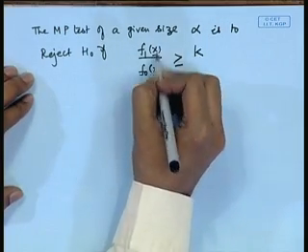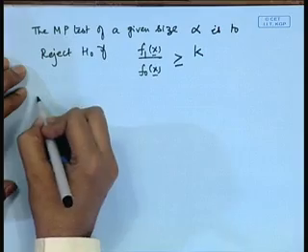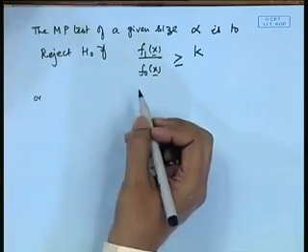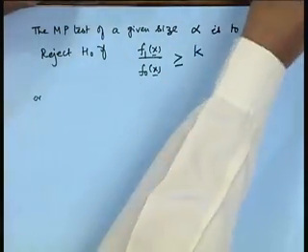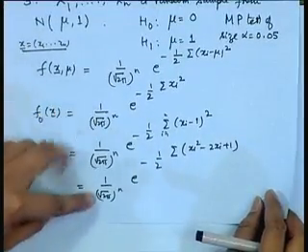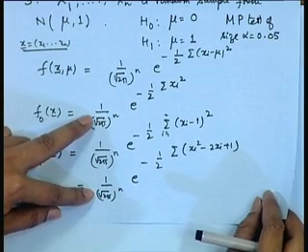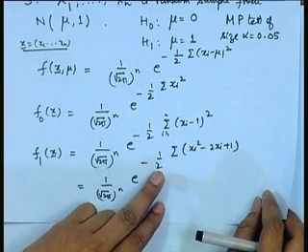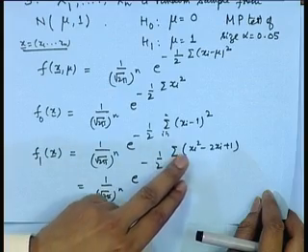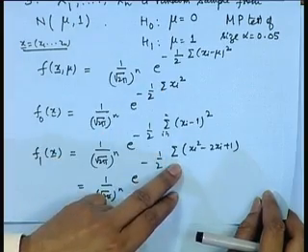So, if we write these functions here now, the f1 and f0 terms both had the same factor. So, when we write the ratio, this coefficient cancels out, and also e to the power minus 1 by 2 sigma xi square will also cancel out.